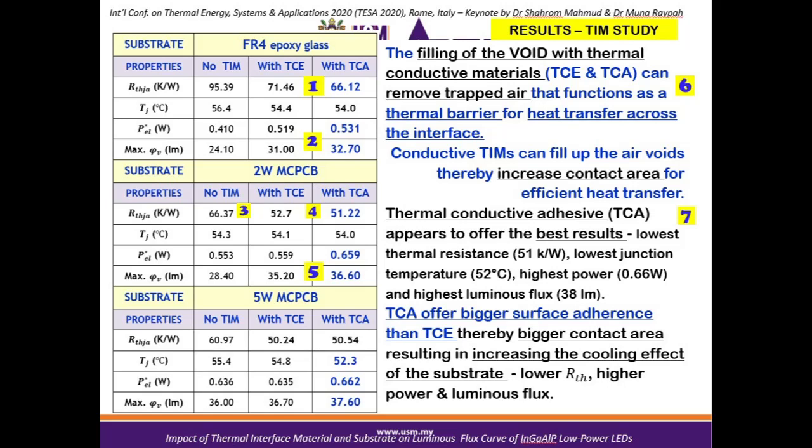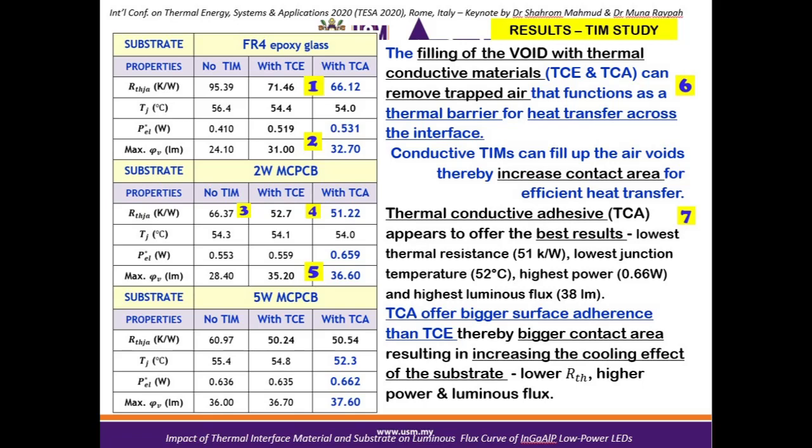Item 1 shows improvement in the thermal resistance by an extra 30% by filling up the voids with TIM material, and there is improvement in the reduction of the junction temperature by 2 degrees, which has the benefit of giving an extra 30% in the maximum luminous flux, up to 32.7 lumens.